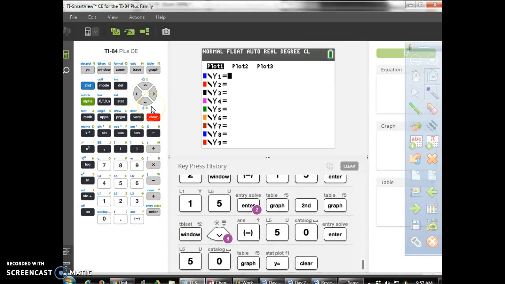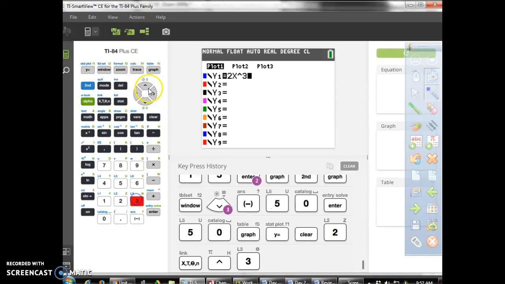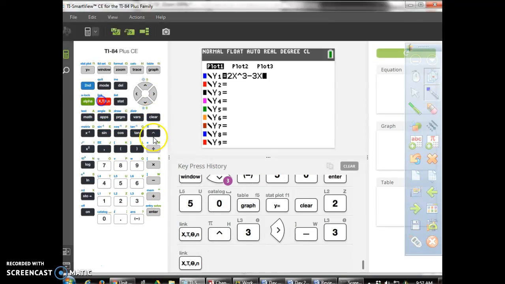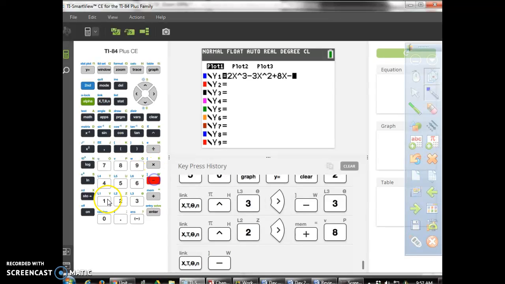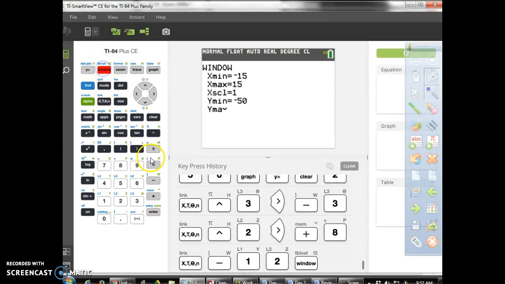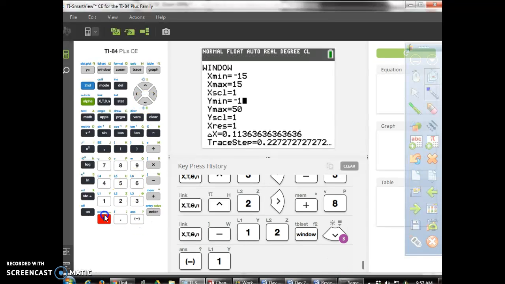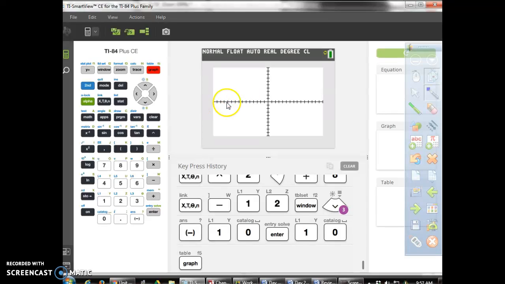And it is 2x cubed minus 3x squared plus 8x minus 12. And then remember my window is kind of set at really big values here, so let's just go back to 10, 10. Okay, graph it. And now I can think through the possible rational roots, and let's see if we have any.